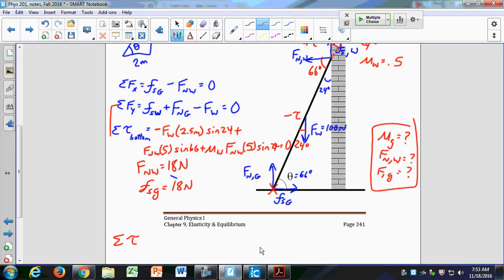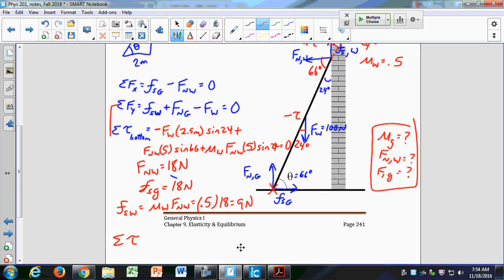Oh yeah, of course. It's because I need to know FSW, right? Do I know FNW? Okay, yeah, I'm sorry. I had another equation there. So I know what FSW is. I'm looking for FSW, and that's equal to mu W times FNW, which is 0.5 times 18, which is 9 newtons.